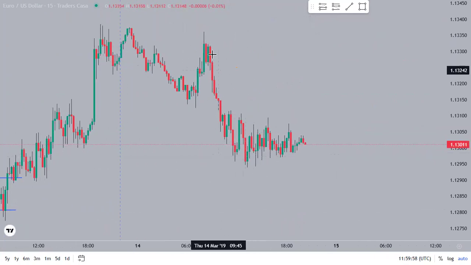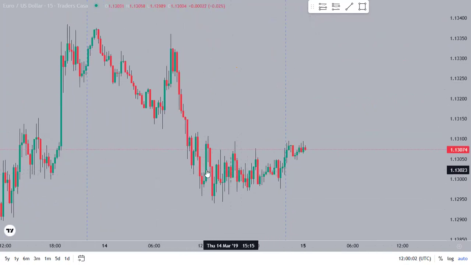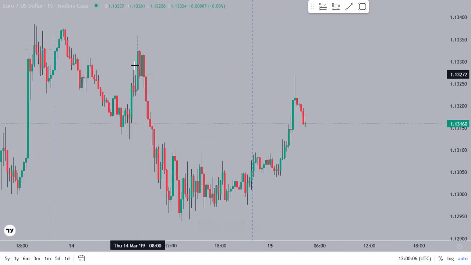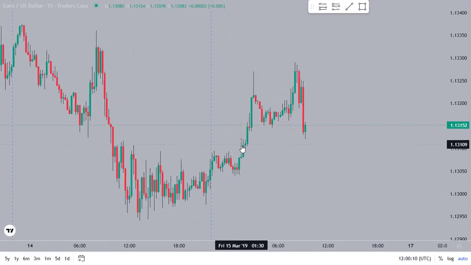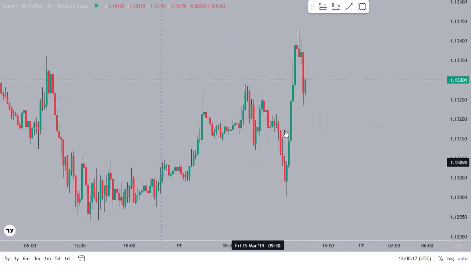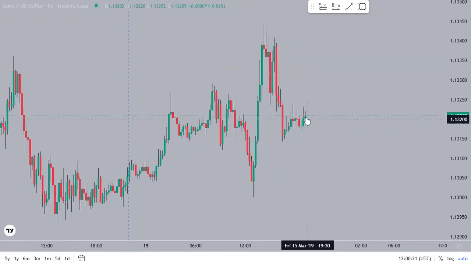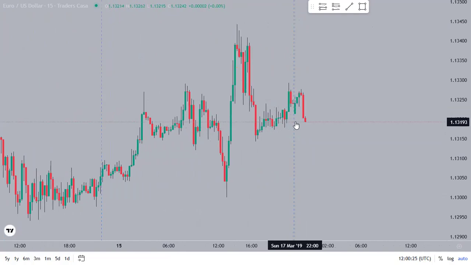So this day we had a bearish move, and we're back to the bullish market. This is a simulation. The market does not move this fast. When you're in the market, each candle here would take 15 minutes to close.